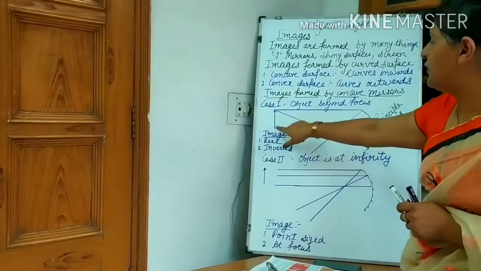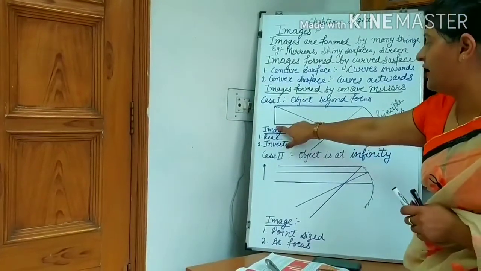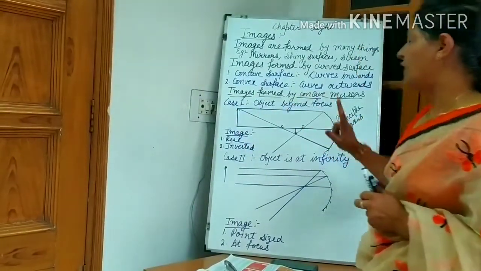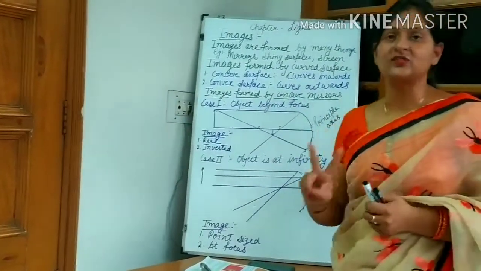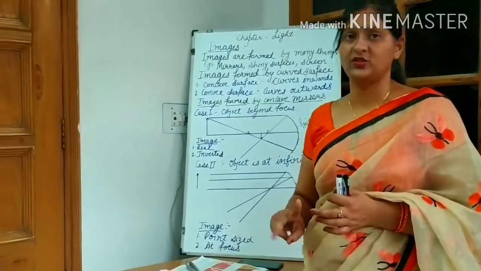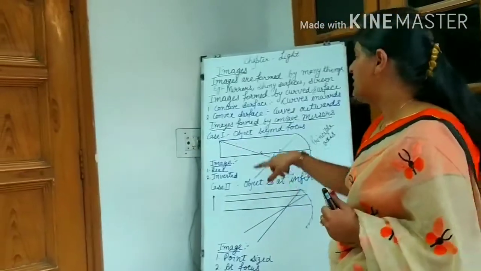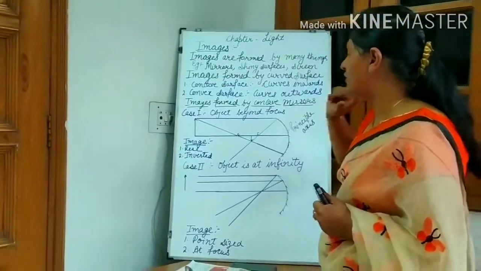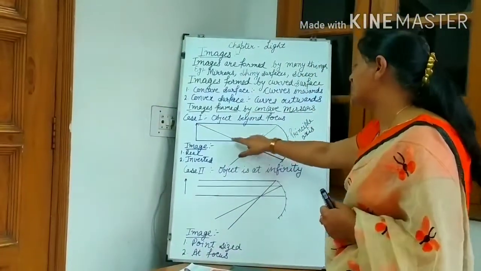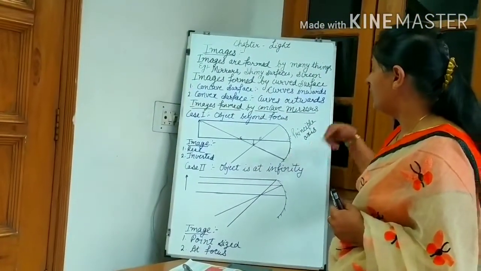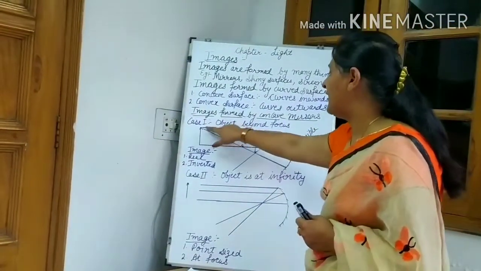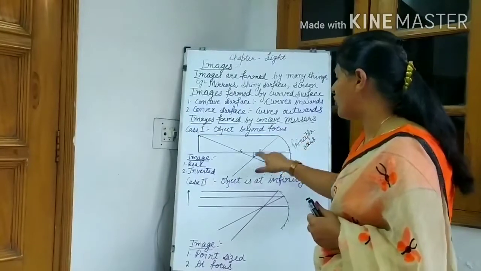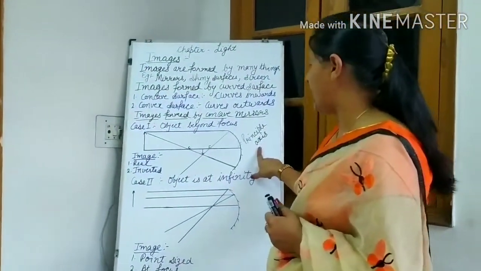Now the object is far beyond the focus. Here, now take two light rays. I have told you that at least we need two light rays to understand the image. Now I have taken two light rays. One light ray is incident on this point and one light ray is passing through the center of curvature. Now we know that a parallel ray will be reflected through the focus of the concave mirror.